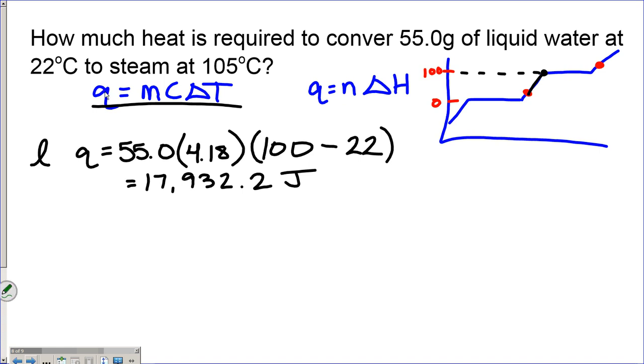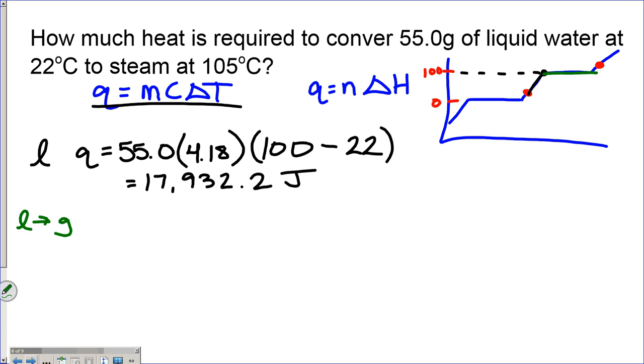So then if you look back at your graph, once you've heated up that liquid water to 100, you now have to go across that flat line and change into a gas. So remember, the temperature is not changing when you're going from a liquid into a gas.